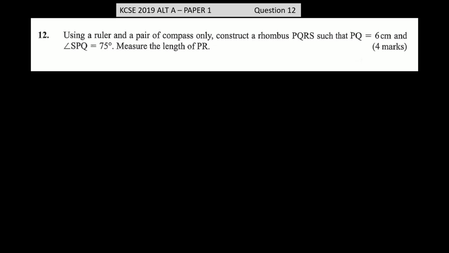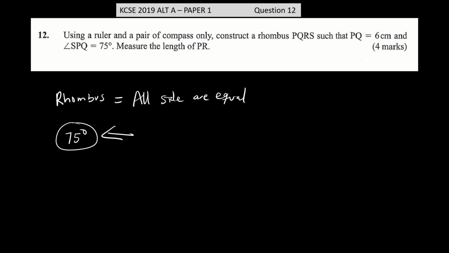Now, the first tip I want to give you is that if you are drawing a rhombus, note that all sides must be equal, just like a square. So if you want to construct this rhombus, I will advise that you start from the angle first. So first look for angle 75 degrees, which is the angle of SPQ.